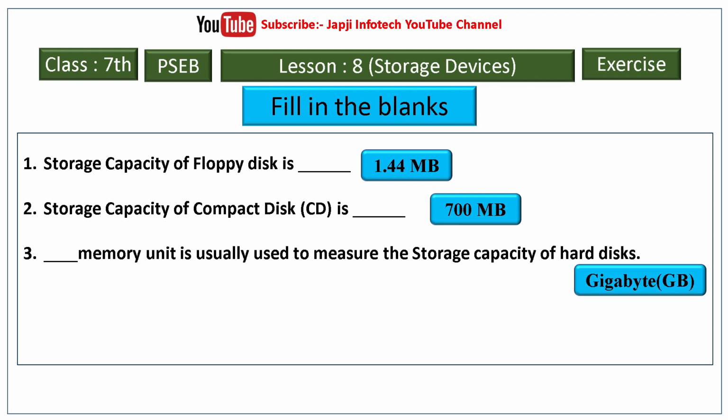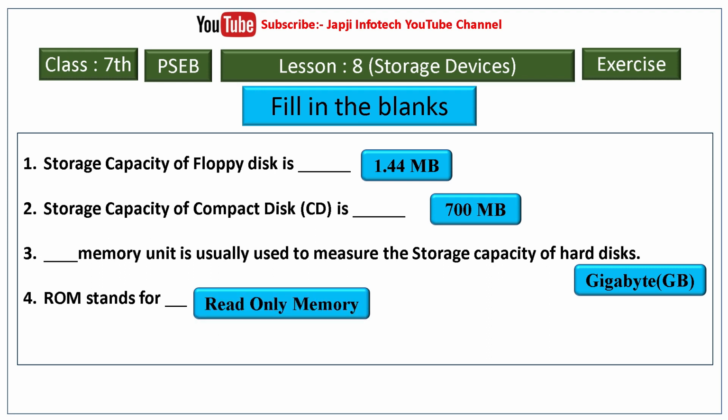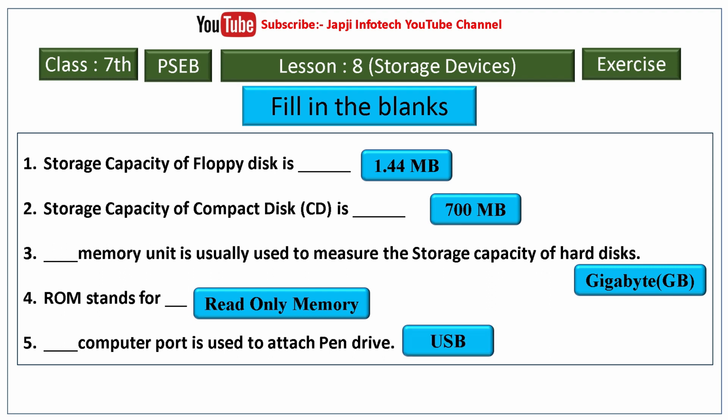The right answer is gigabyte or GB. The fourth one is: ROM stands for dash. The right answer is read-only memory. And the fifth one is: dash computer port is used to attach a pen drive. The right answer is USB.